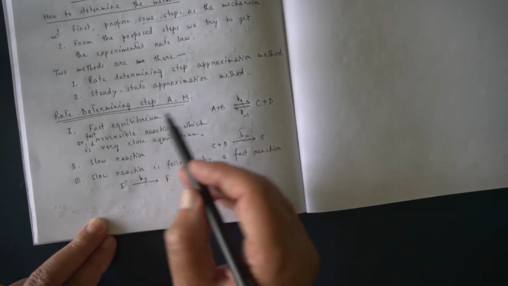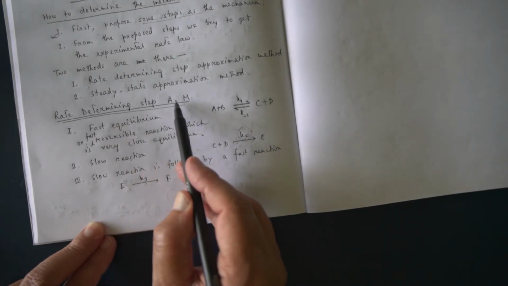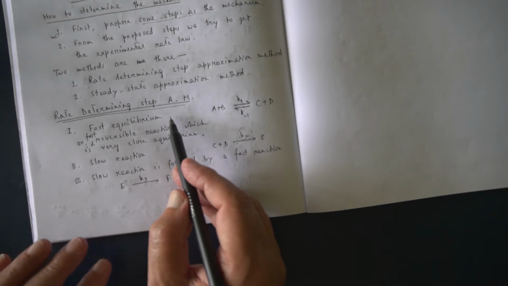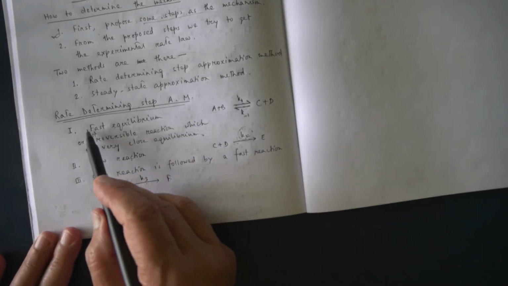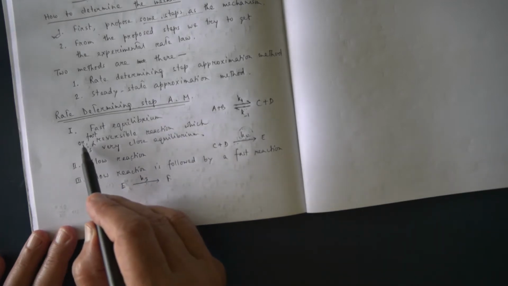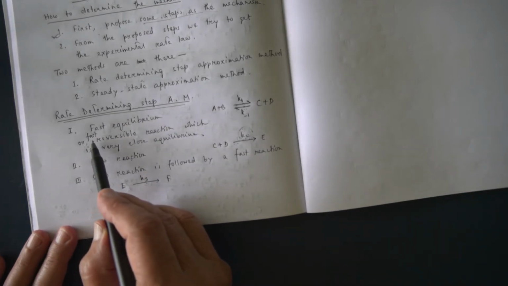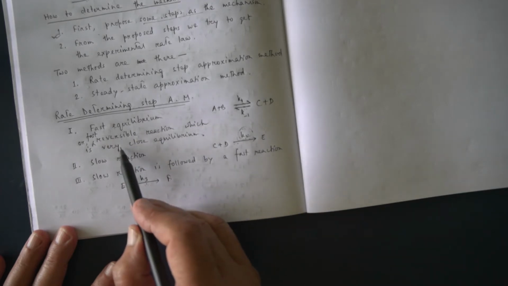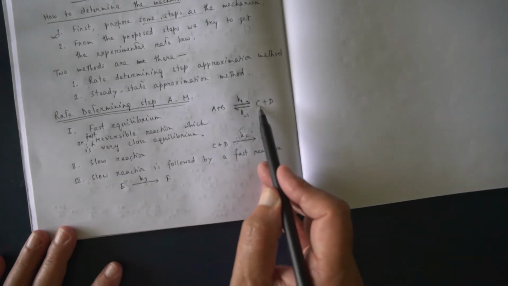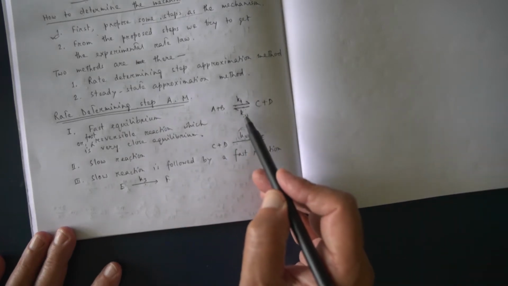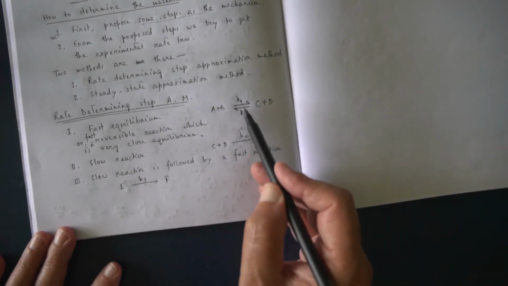So I repeat, in the rate determining step approximation method, how do we propose the mechanism? Number one, there should be a first equilibrium, or a fast reversible reaction very close to equilibrium, with K1 and K minus 1 very high.